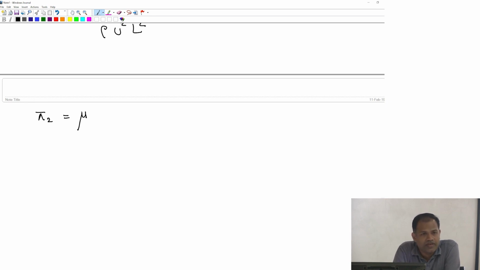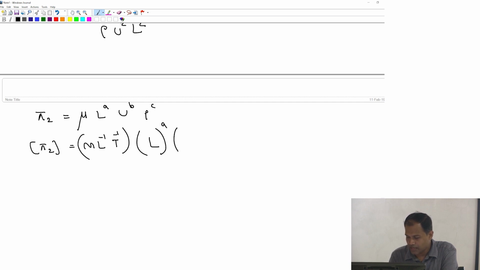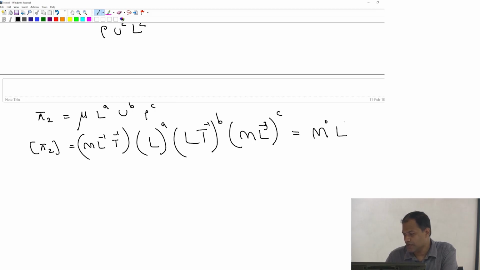Mu is the other variable that we haven't taken care of yet, times L to the power A and then U to the power B and rho to the power C. So that means in terms of dimensions, that's going to be m L to the power minus 1 t to the power minus 1, that's that of the viscosity, times length, L to the power a, velocity L t to the power minus 1 to the power b, density m L to the power minus 3 to the power c, and we will insist that that has to be a non-dimensional number.